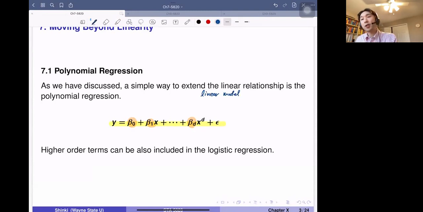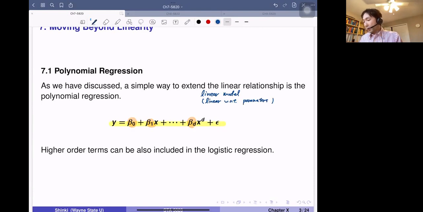When statisticians say linear model, that means linear with respect to the parameters.